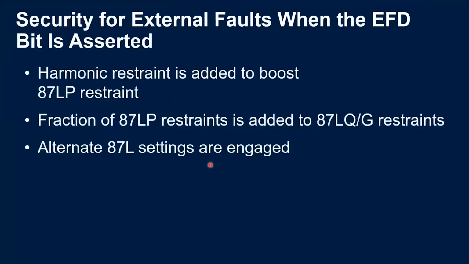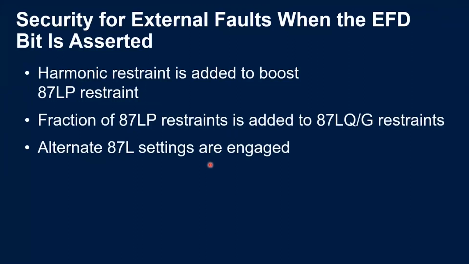The first one is we give harmonic restraint to the phase element. A fraction of the phase restraint is added also to the sequence elements. And we will change settings. The alpha plane settings were changed to a high security mode, let's say, when we have an expanded characteristic.